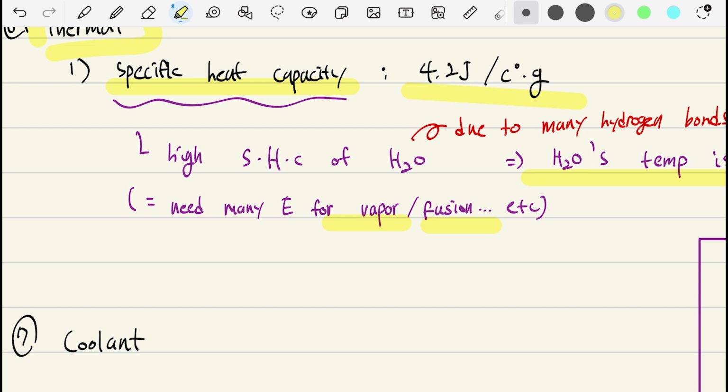And this also happens in the opposite direction, which means that when water comes back from gas to liquid, it is supposed to exert heat outside. It lets the heat go, which means that it loses energy.